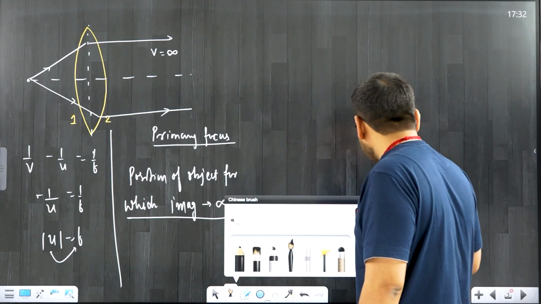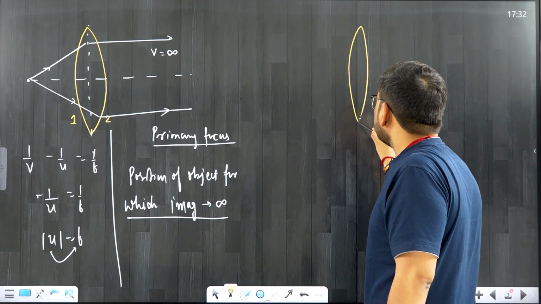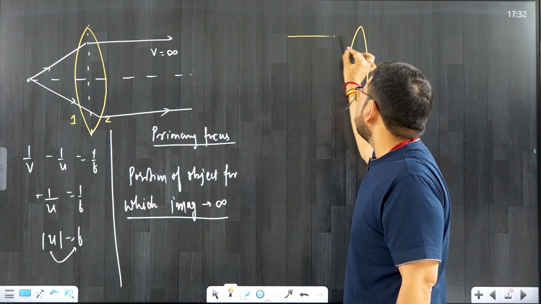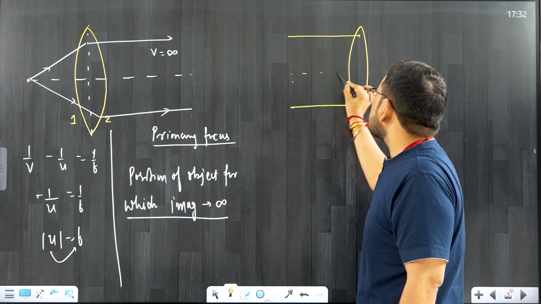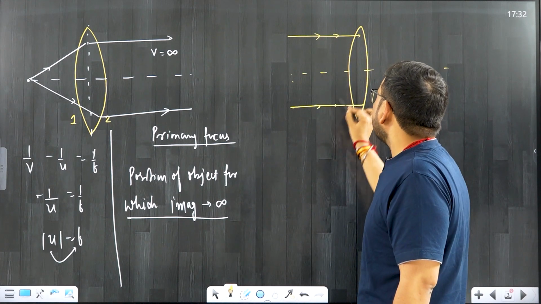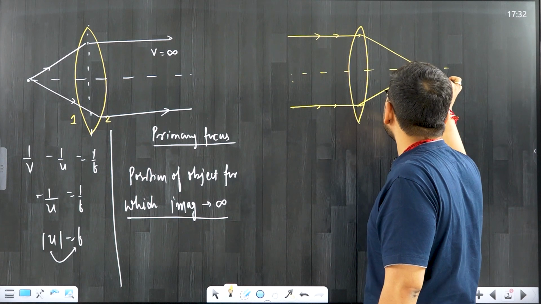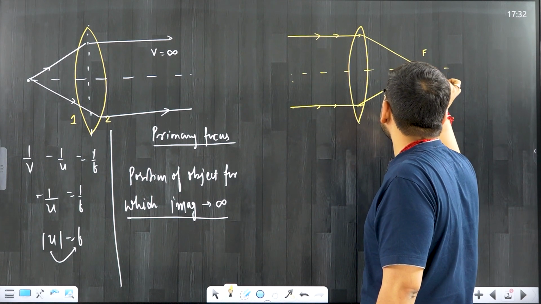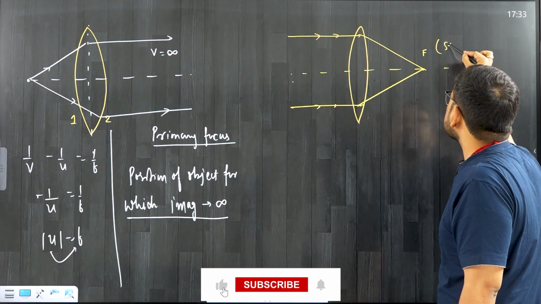Now in the second diagram we are discussing the same thing, in which light is coming from infinity, meaning the object is at infinity, along the principal axis. When it refracts, the rays hit a point, and that point is the focus, which is called the secondary focus.